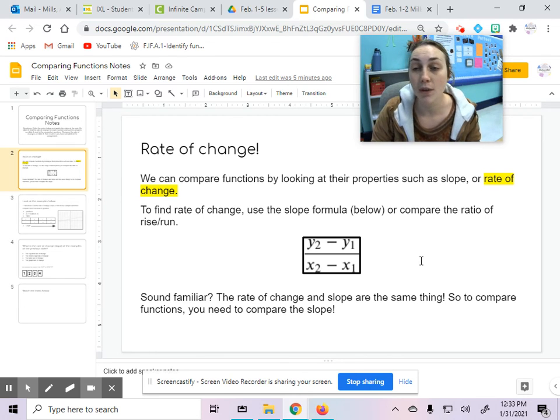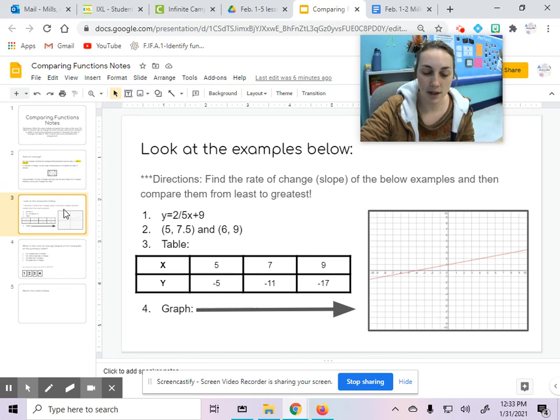Those are two ways that you can find the slope of a graph. You can use the slope formula to find the slope of a table in ordered pairs as well. So again, when we're comparing the rate of change, we're comparing the slope. To compare functions, we need to find the slope of each function, and then we can compare them from least to greatest, or greatest to least, or whatever is the requirement. So let's go ahead and do this. Let's do some examples below.